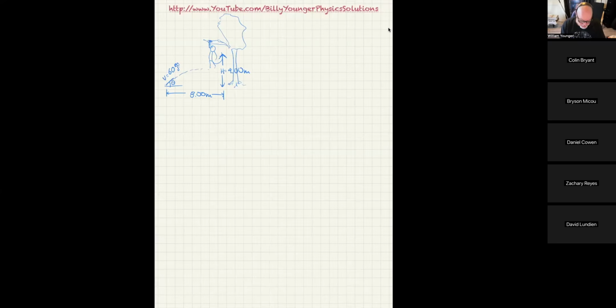So the big question is, knowing that the monkey is going to drop from the limb as soon as I pull the trigger, and I say instantly because we're going to ignore the finite difference due to the speed of sound, should we aim the rifle above the monkey, below the monkey, or directly at the monkey?